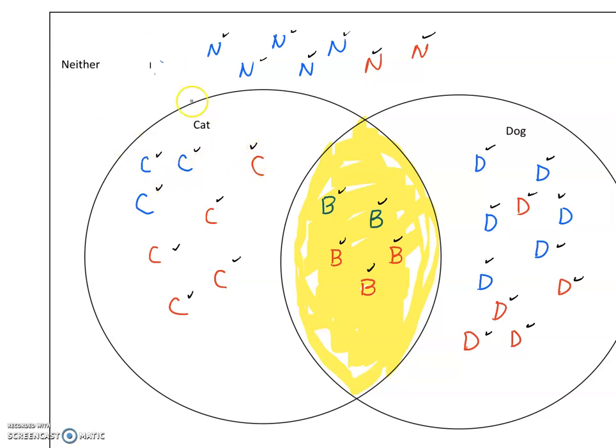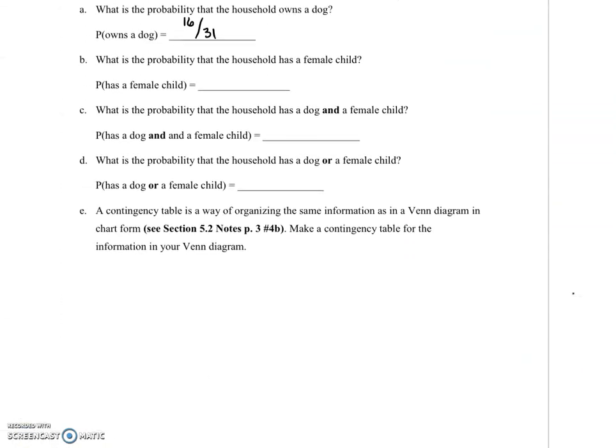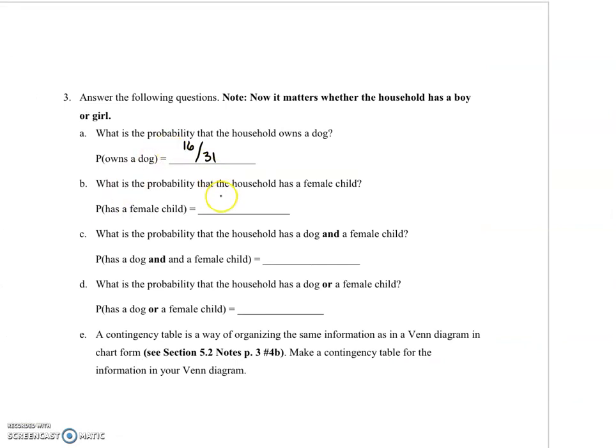So we've got 1, 2, 3, 4, 5, 6, 7, 8, 9, 10, 11, 12, 13. And remember, we can't forget about the neithers because 2 of those are girl children. So 14, 15, I think. I better recount. Yes, 15. So we scroll back to the problem and we have 15 out of 31.